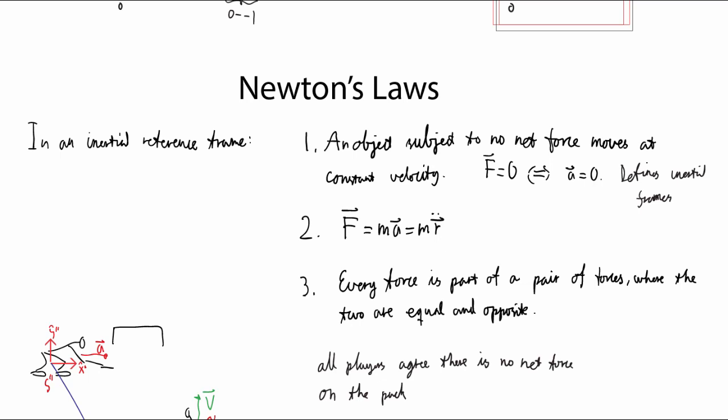So let's now look at Newton's second law in a little bit more detail. Newton's second law says that if the net force has some value on an object, then that equals the mass of the object times the acceleration of that object. In Cartesian coordinates, this is pretty easy to write out in component form.